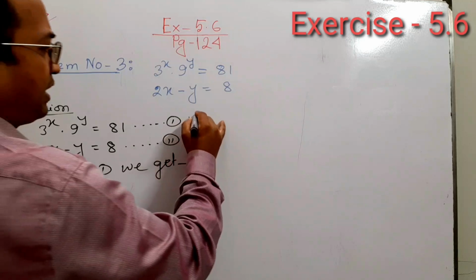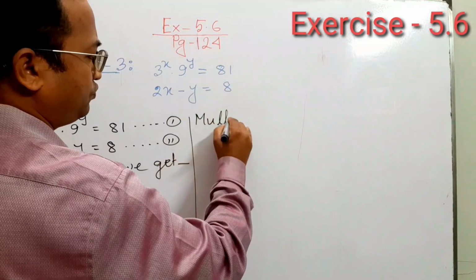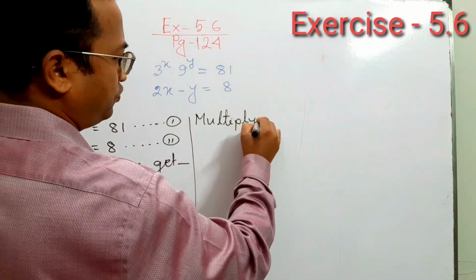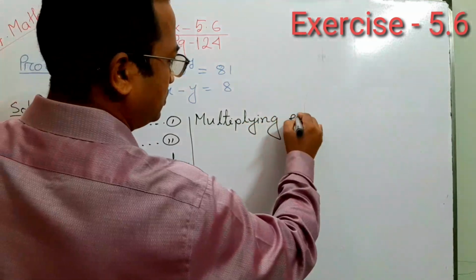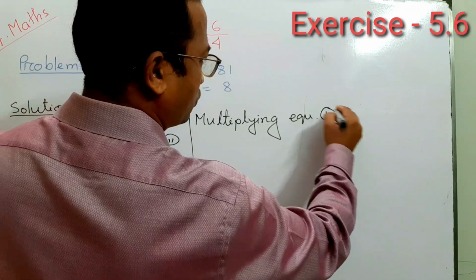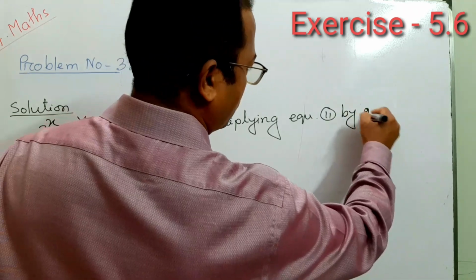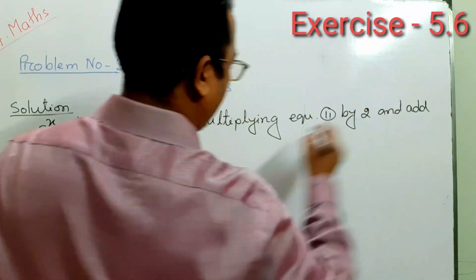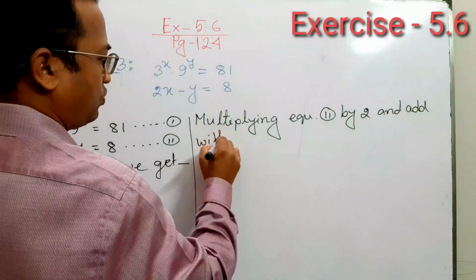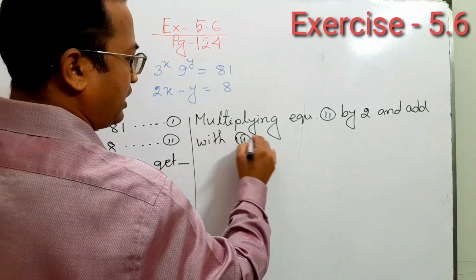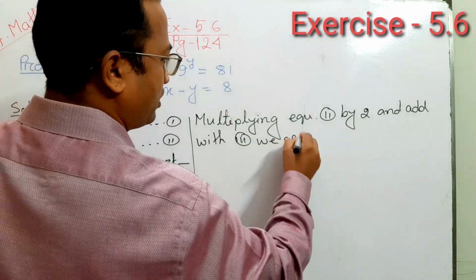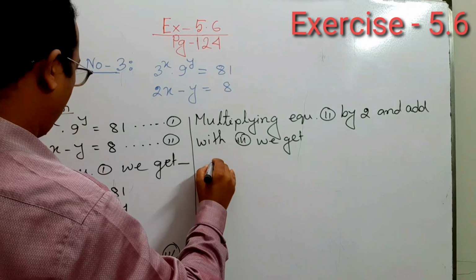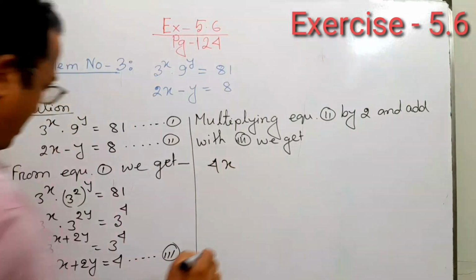Now multiplying equation number 2 by 2 and adding with 3, we get 4x.